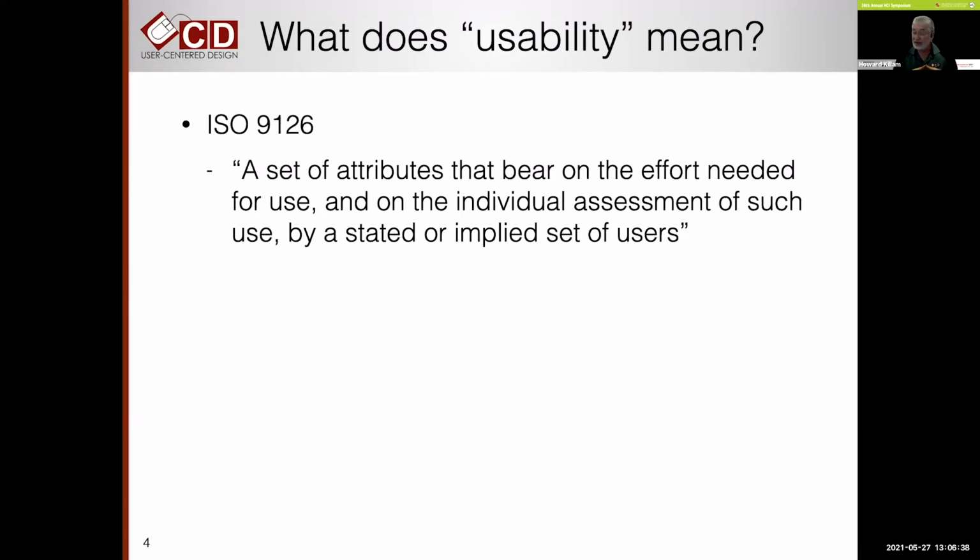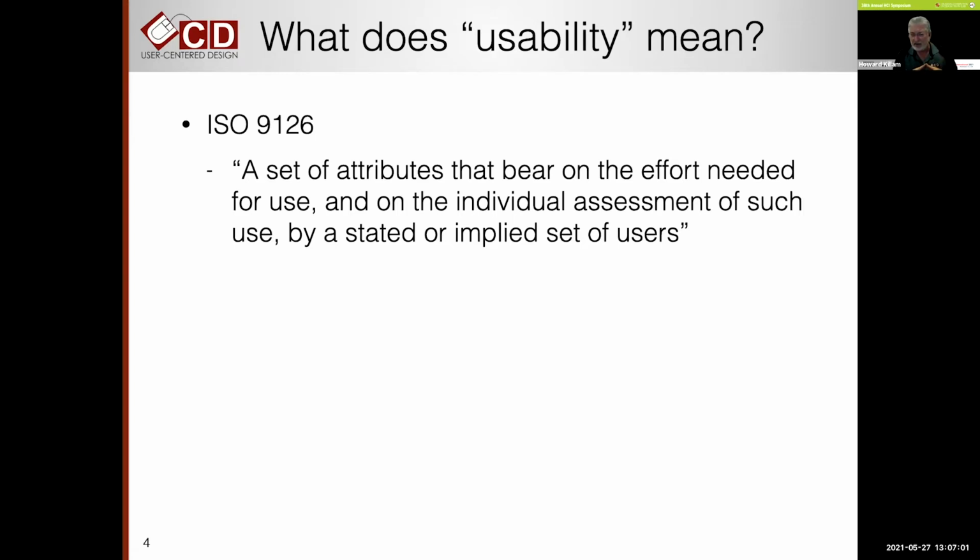How is it that the product makes it easy or difficult for a person to use it? Sometimes you hear people shorten the term to user testing, and that bothers me, because we're not testing users, we're testing the design, we're using users to get there.